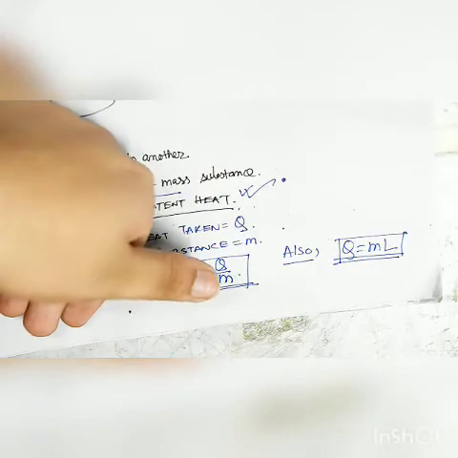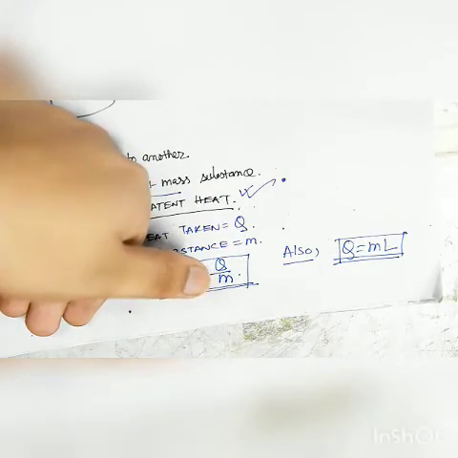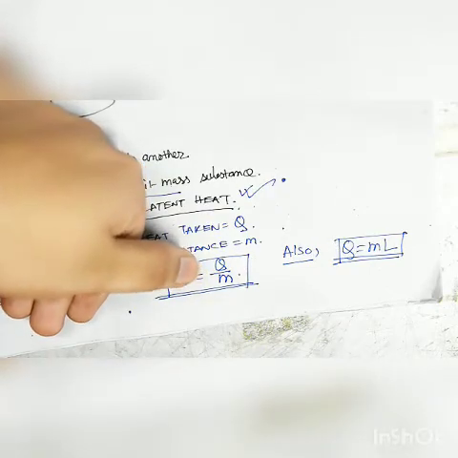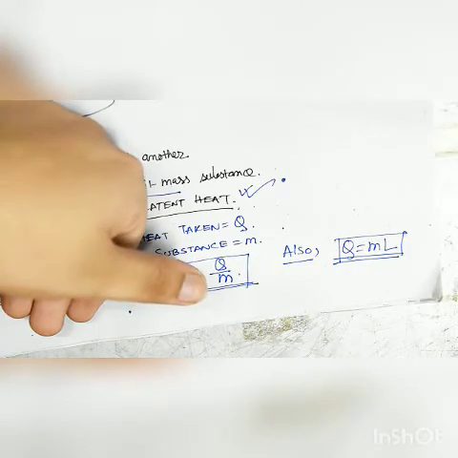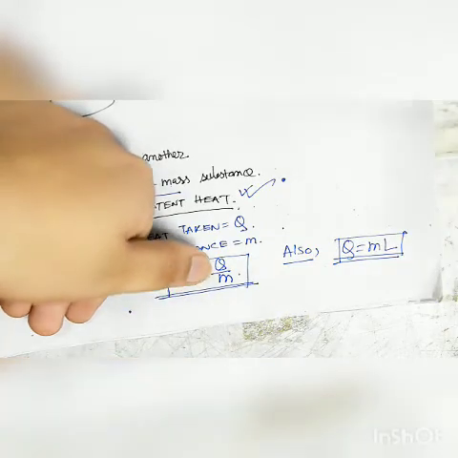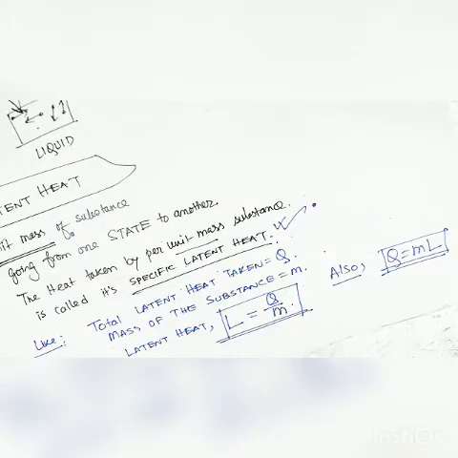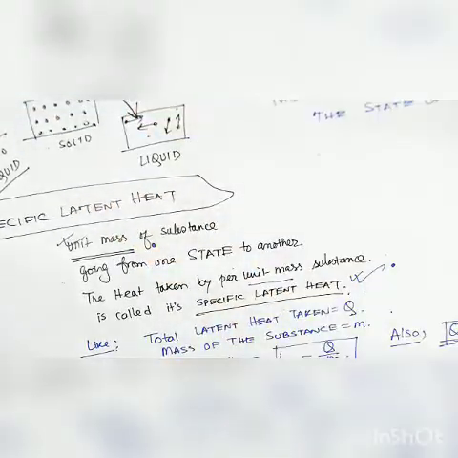Now there are different names for the latent heat, like the latent heat of fusion of ice. Latent heat of fusion of ice means how much heat is taken by 1 gram of ice for changing its state. The topic of latent heat basically tells us about the nature of the substance.